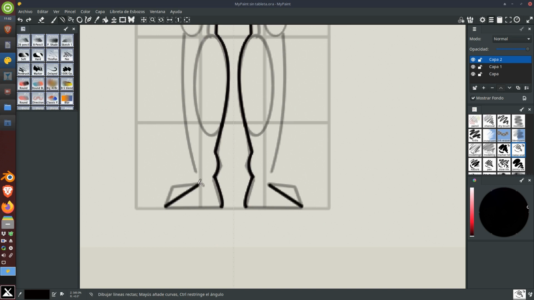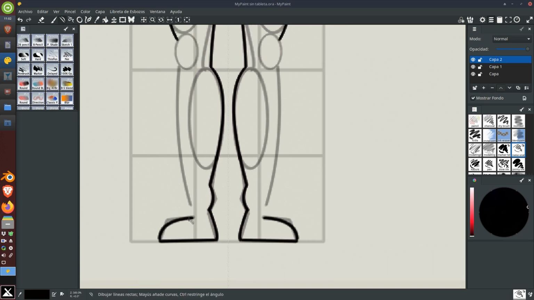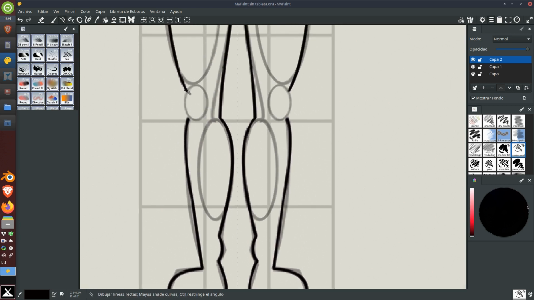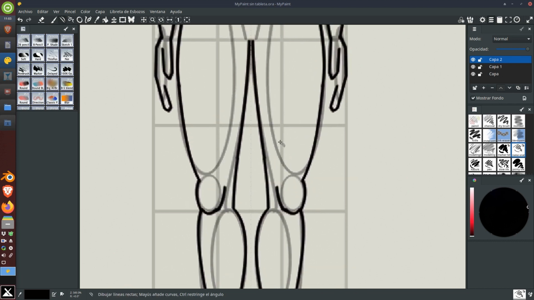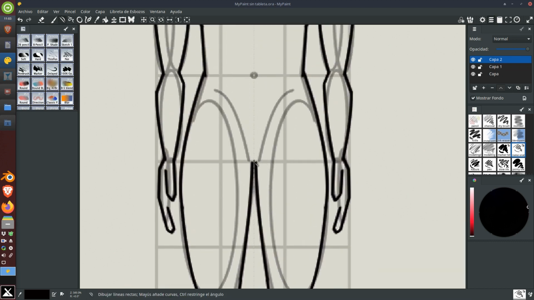Oh, again. There we go. That is going to be rather straight, and from here on a little bit curvy. So we will be able to draw here the knees so much cleaner than if I would have used any other way of doing it.